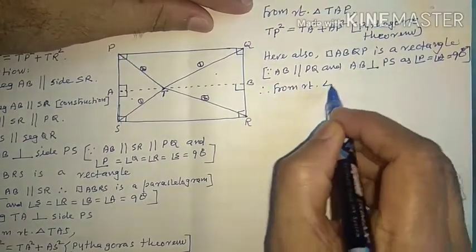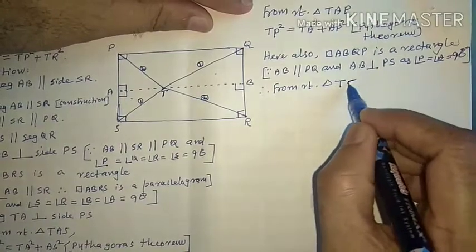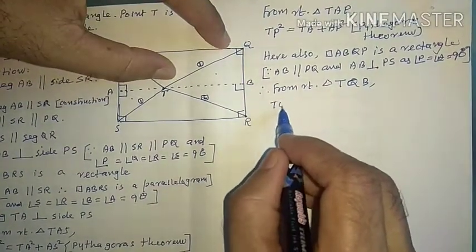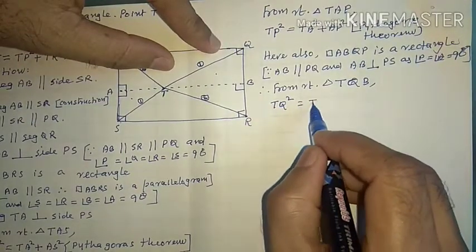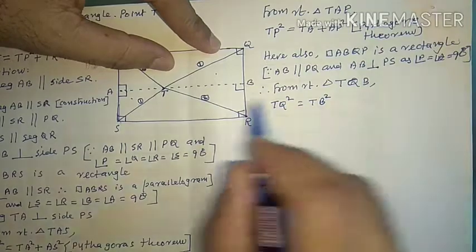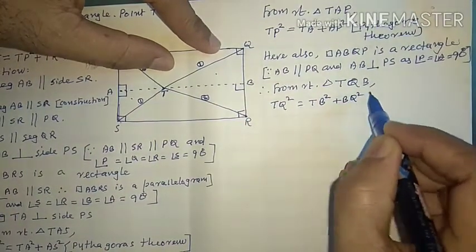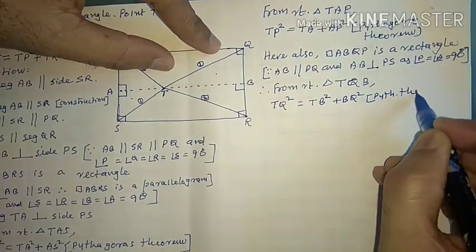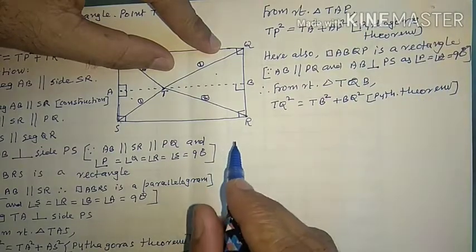From right triangle TBQ or TQB, what are you getting? TQ square is equal to TB square plus BQ square. That also is Pythagoras theorem.